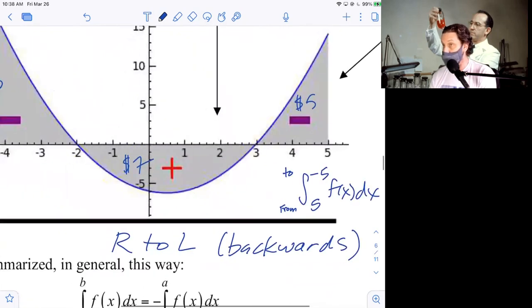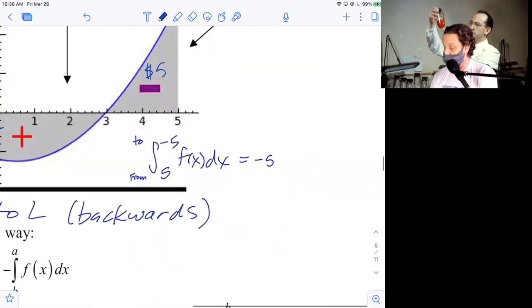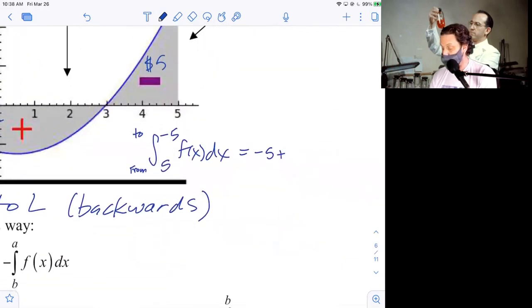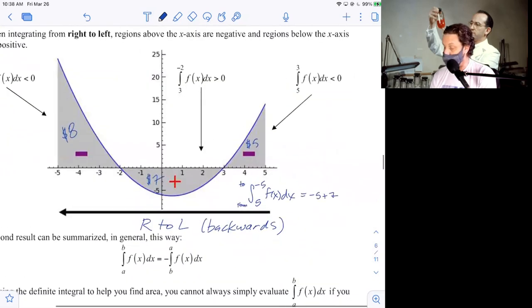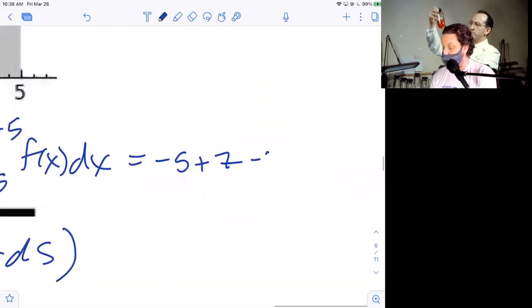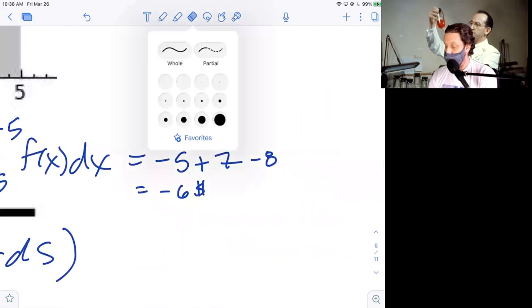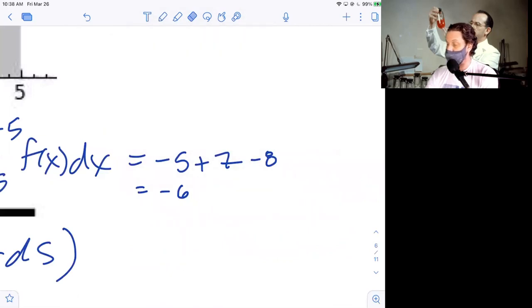And then the 7, which is below, which is normally negative, because we're going backwards, it's going to be +7. And then again, the last piece here, 8, which is normally positive, because we're going backwards, is negative. And you end up with -6, right? Which makes sense. If you watch it going forward, he comes out $6 ahead. If you watch that film going backwards, he's $6 behind.